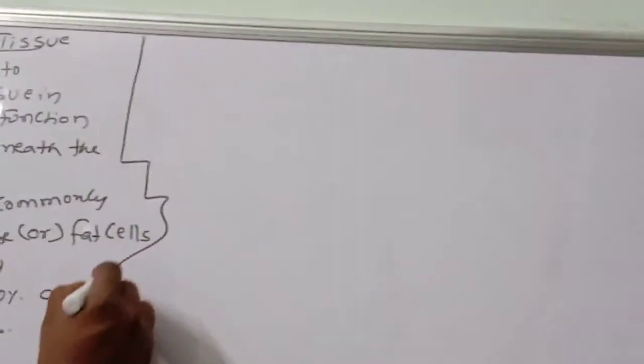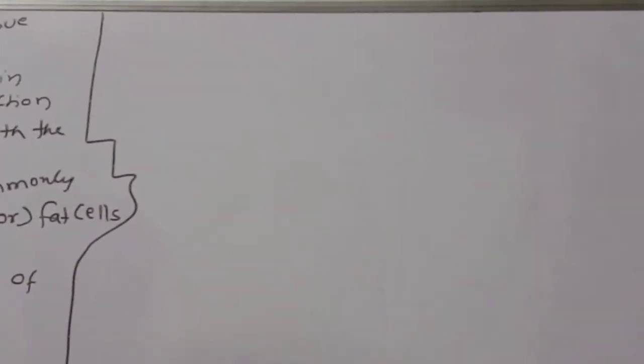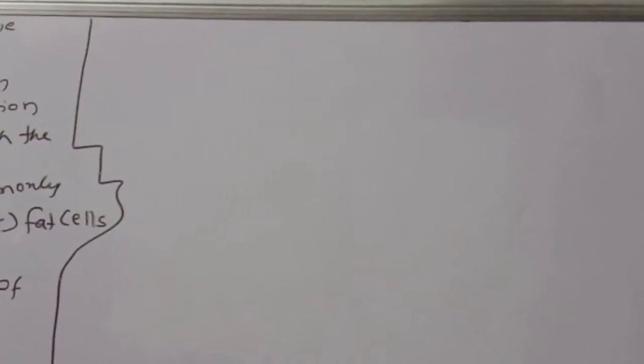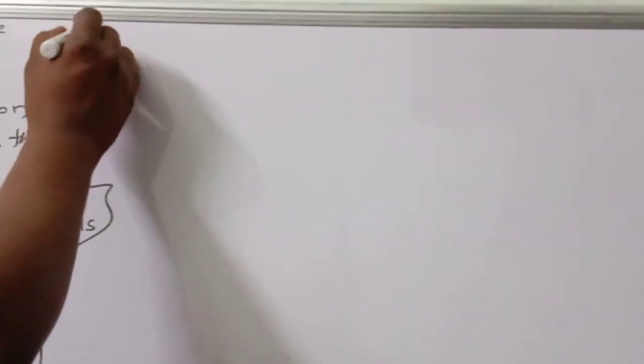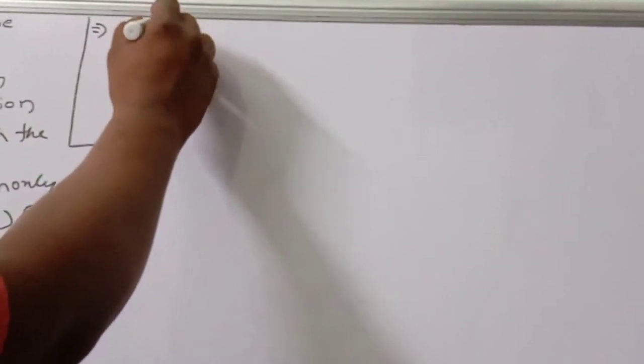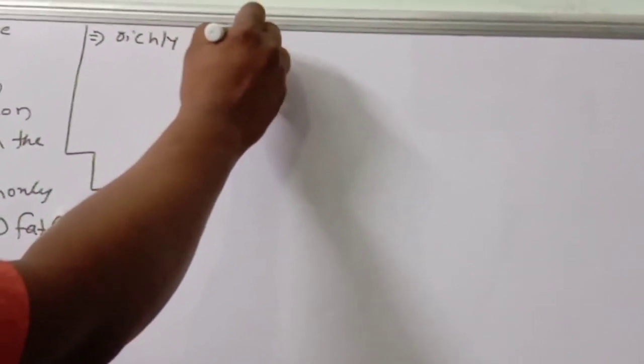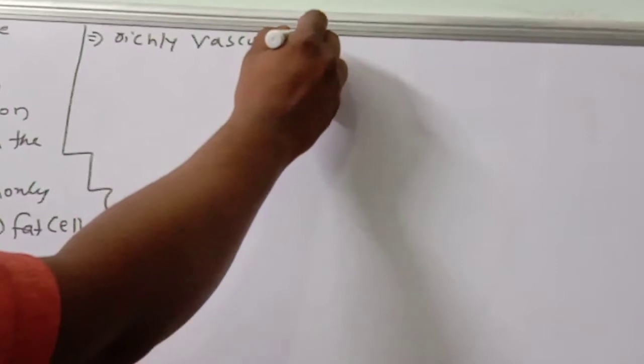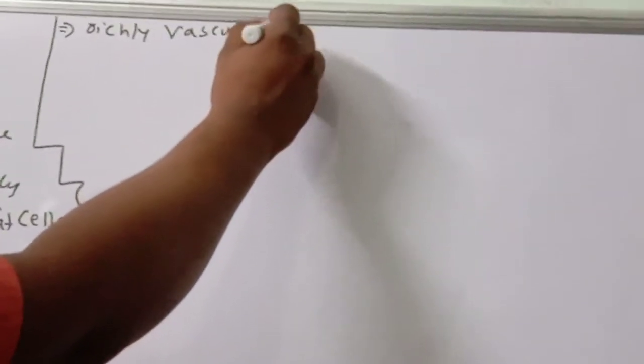Okay, children. Next, one more point about this adipose tissue we are going to discuss. Adipose tissue is richly vascularized. This point you should remember.